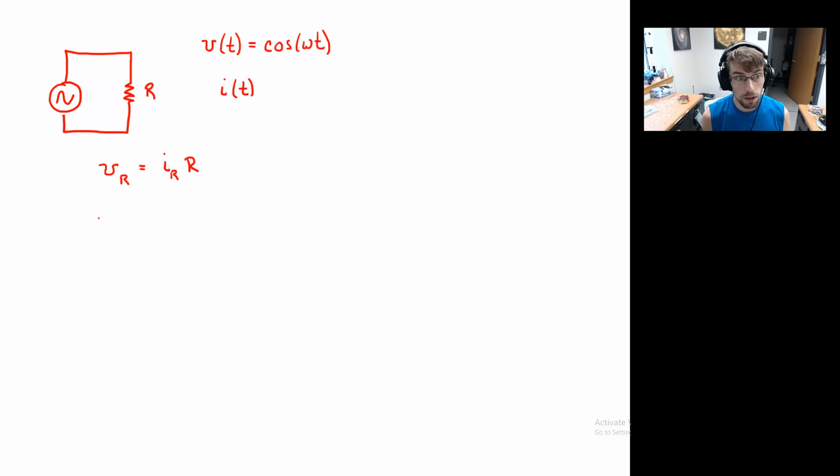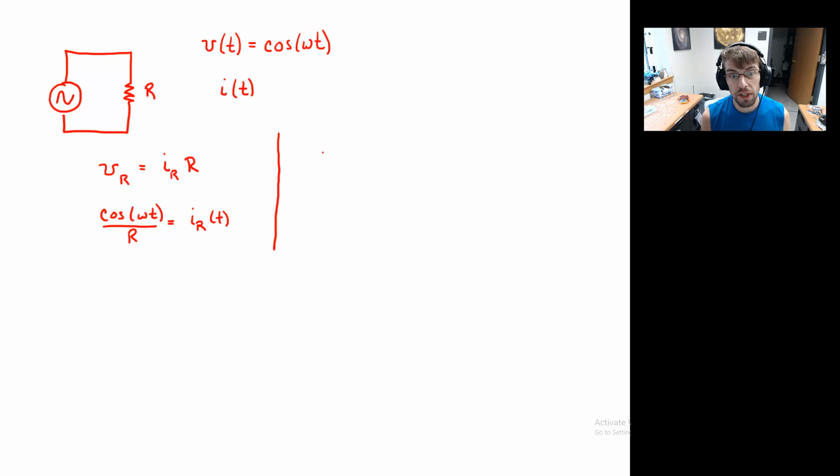And therefore, I have a function VR, that's the cosine of omega t. I divide that by R, and that gives me my current as a function of time. And I'm done. And I say you have two ways of going at it, but essentially it's the same thing.